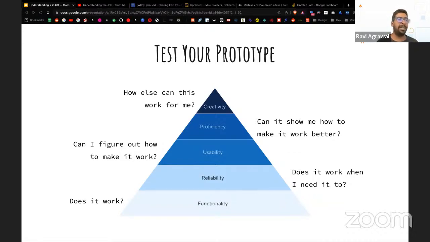Right now, ChatGPT does not do that. If it told you, hey, you can ask me XYZ prompts after you have given it a prompt to make the answer a lot better, then the tool itself is making you proficient with it, right? So it is not proficiency level design yet. But how else can this work for me?